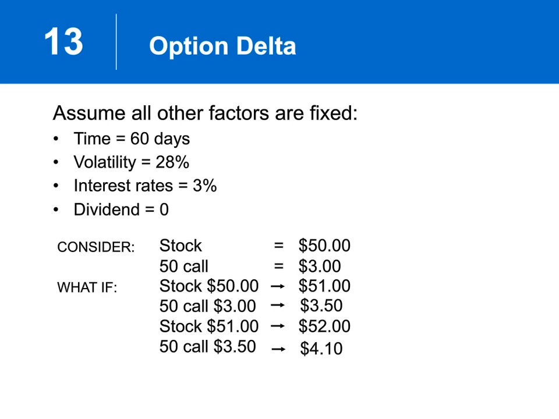If we had an out-of-the-money call with a 20 delta, and the stock went from 50 to 51, and the value of the call was, let's say, 3, we would expect that call to go to 3.20 rather than 3.50 if the delta was 50. Now, it's not exact. Again, the pricing models are guidelines. There are other factors that change all at the same time.